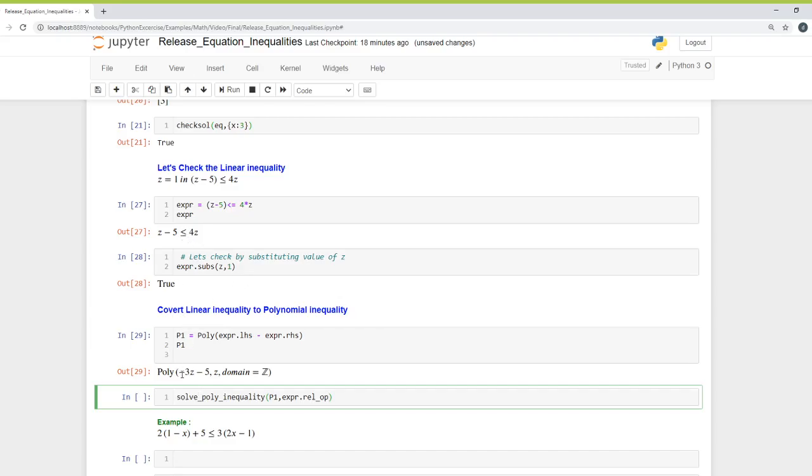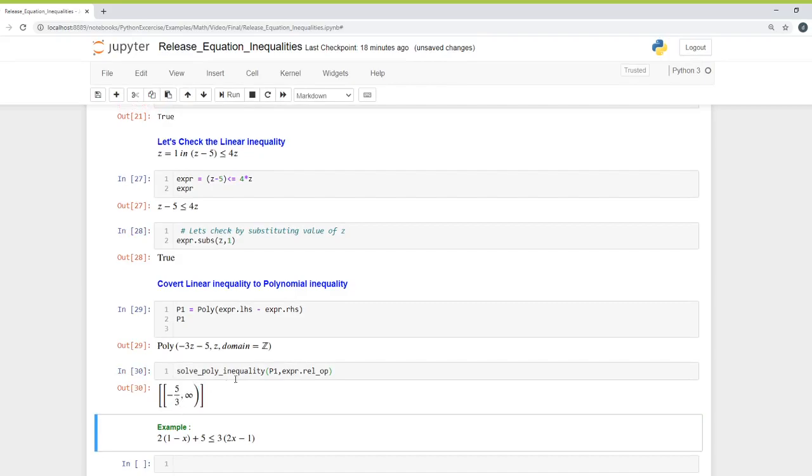Now the equation becomes -3z - 5 ≤ 0. So here we are checking our polynomial inequality, which says that from -5/3 to infinity, this bracket means including the value of -5/3, comma, to infinity, all values will satisfy this equation.